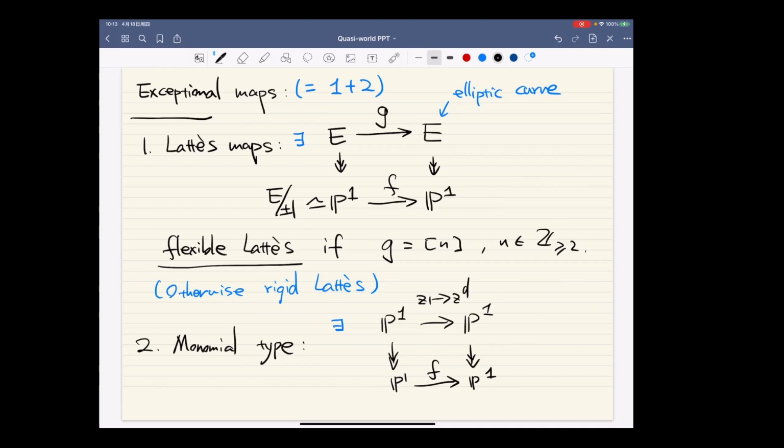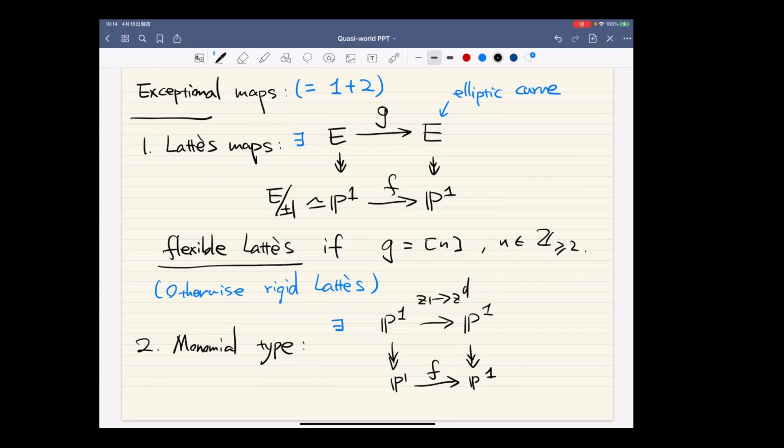It is called a flexible Lattès map if we can choose this G to be multiplication by n, where n is an integer. Because an elliptic curve is a group, we have this multiplication by n map. If a Lattès map is not flexible, then we call it a rigid Lattès map.